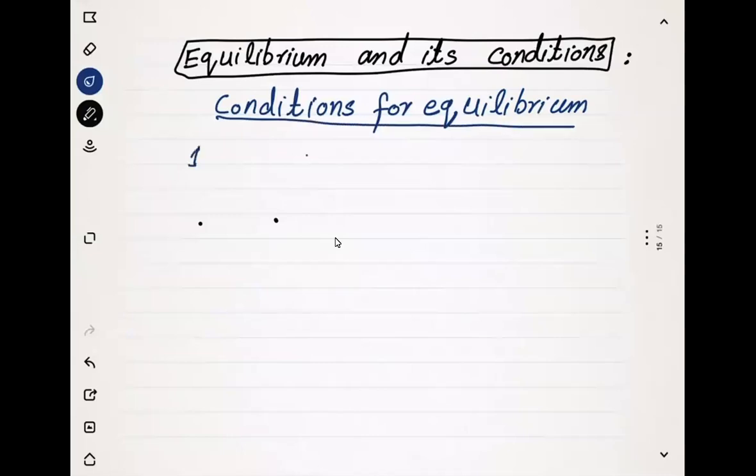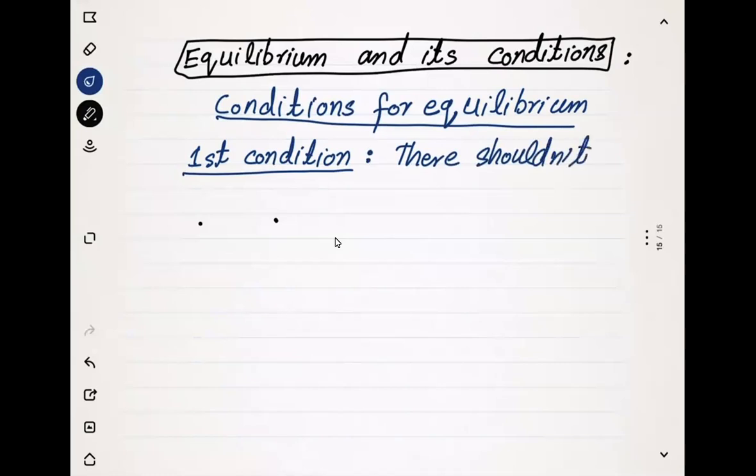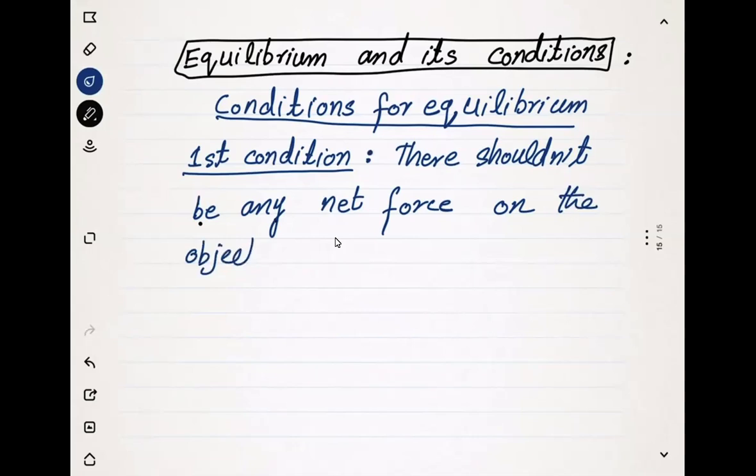The first condition is there should not be any net force on the object. So there are two possibilities.